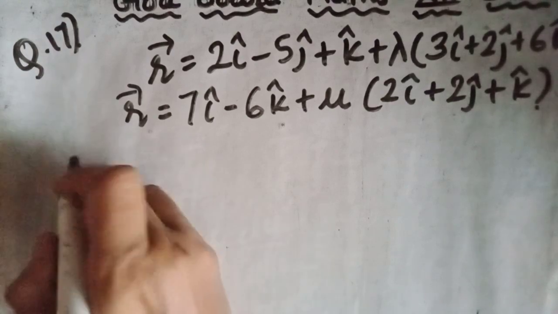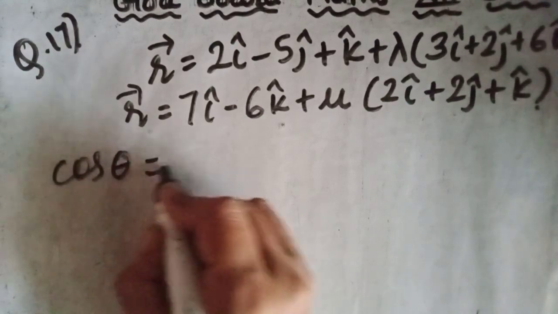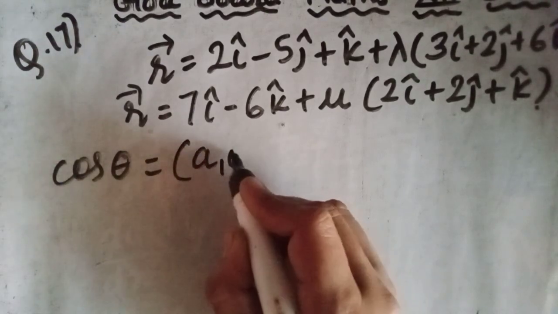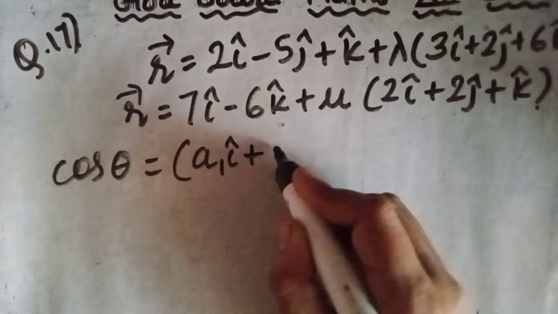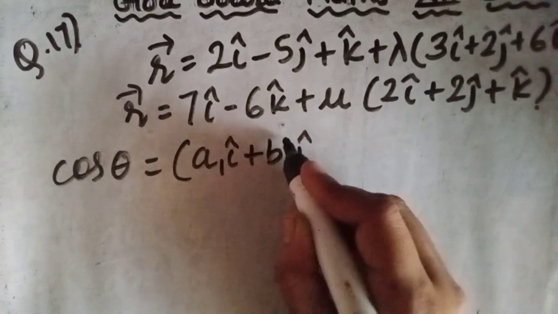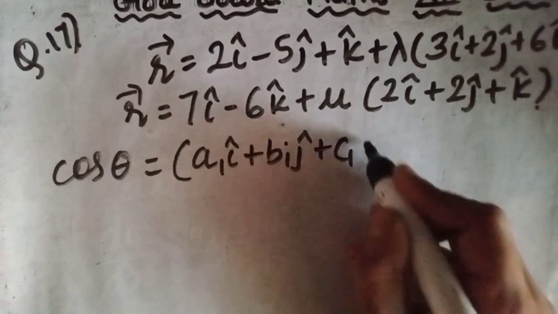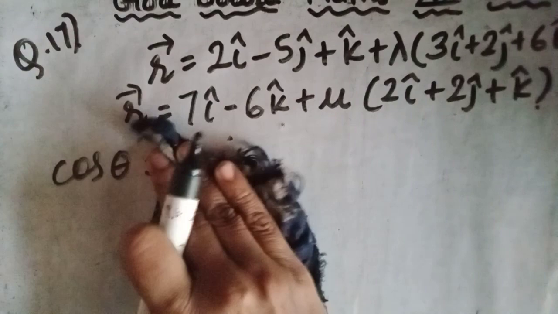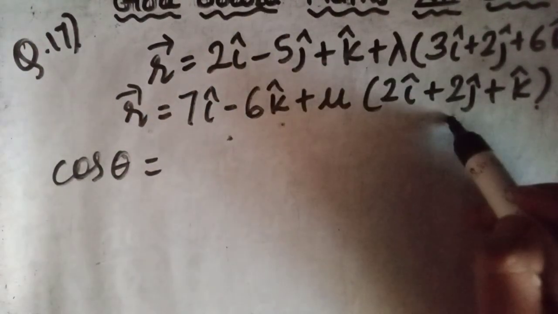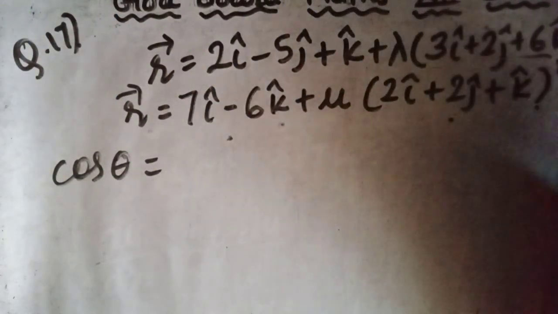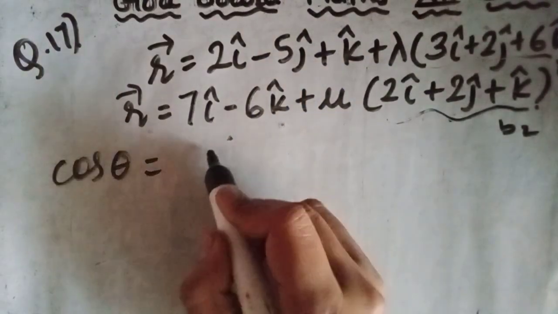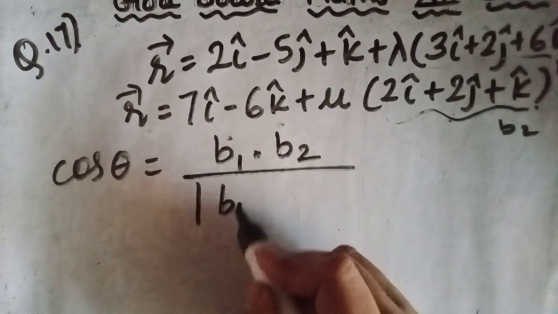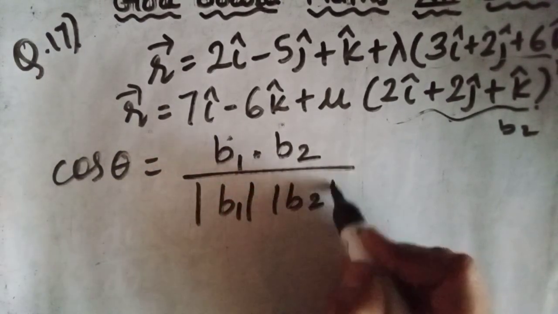So the formula is cos theta equal to b1 dot b2 upon magnitude of b1 magnitude of b2, where b1 and b2 are the parallel vectors, right?